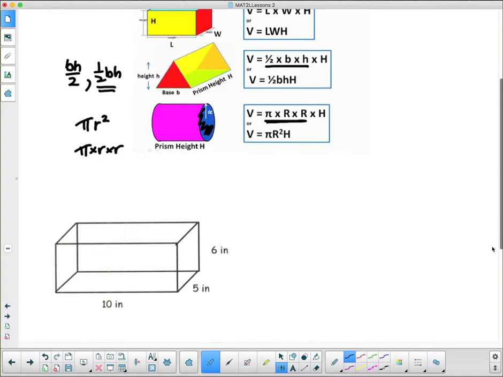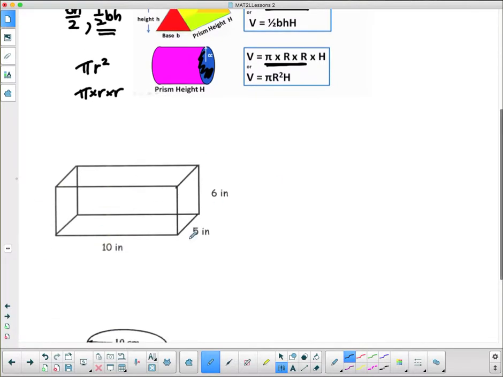So now let's do a couple of examples here. This one is a rectangular prism, so we need our volume equals length times width times height. And I just wrote it length, width, height. There's an understood times in between those things. If you want to write out the times, by all means go right ahead. And the three things we're going to multiply here are 10 times 5 times 6.